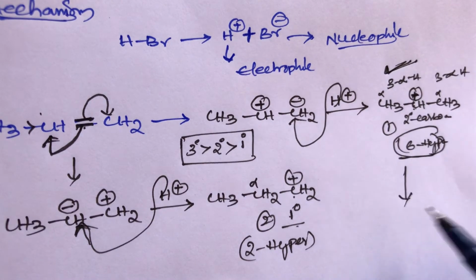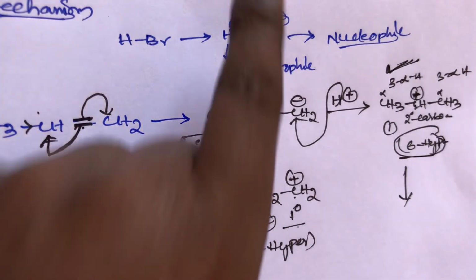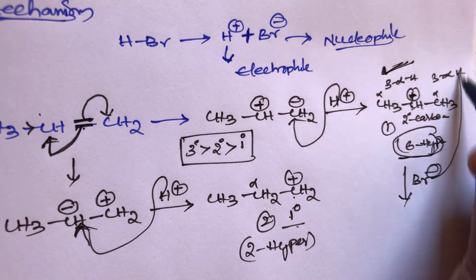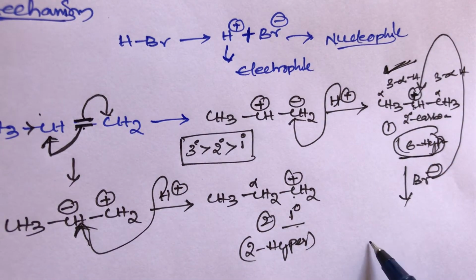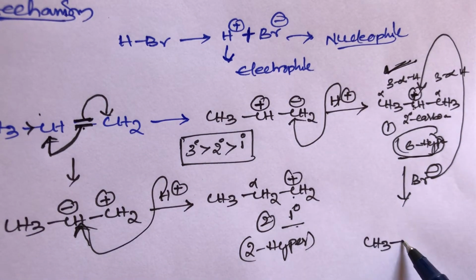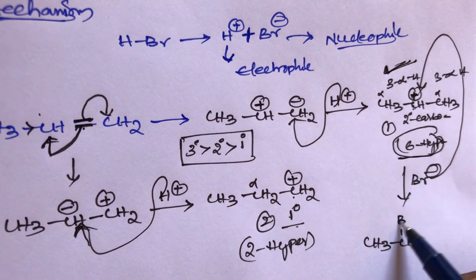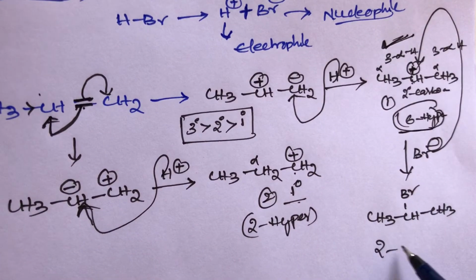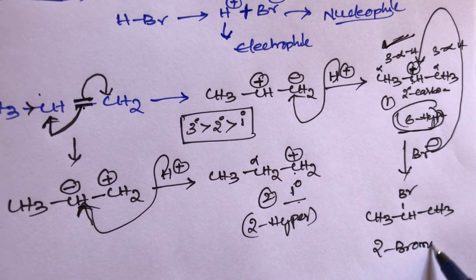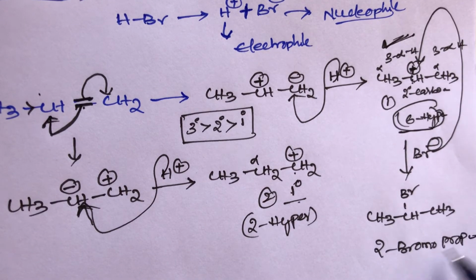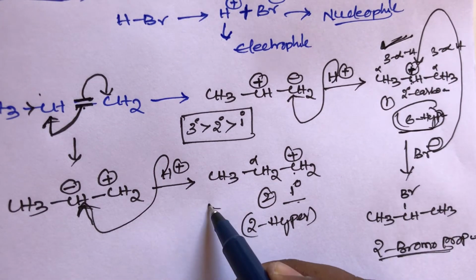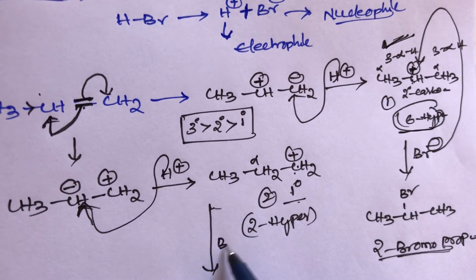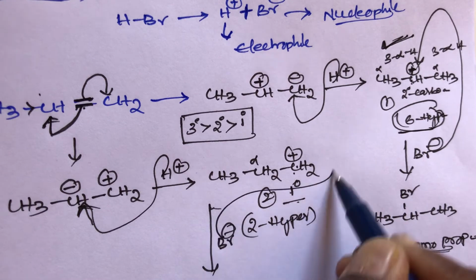After that, Br minus is left, students. This Br minus will attack the positive charge side. We get the final product CH3 CH Br CH3, which is called 2-bromopropane. If instead it were the primary carbocation, this Br minus would attack the primary carbon side.